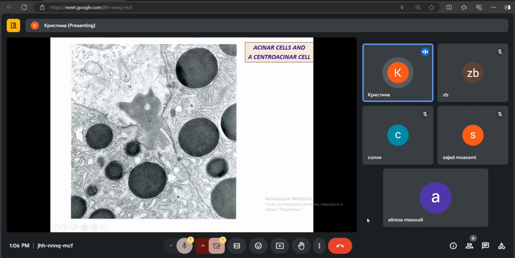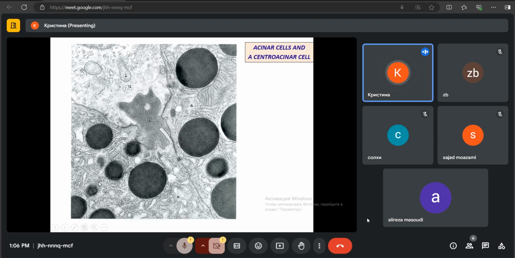Here we see the connection of the three cells, one cell here, second here, and third here, and the areas of connections between those cells. In the center, this is the lumen of the acinus. And you see that the third and second cells look the same.